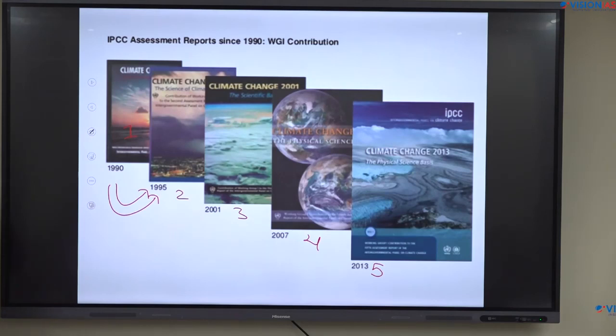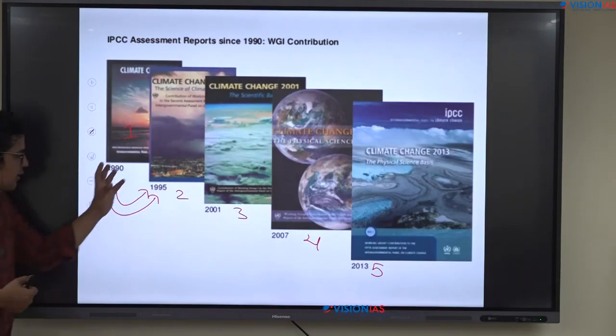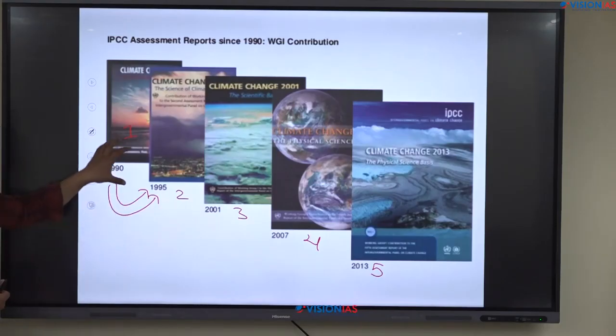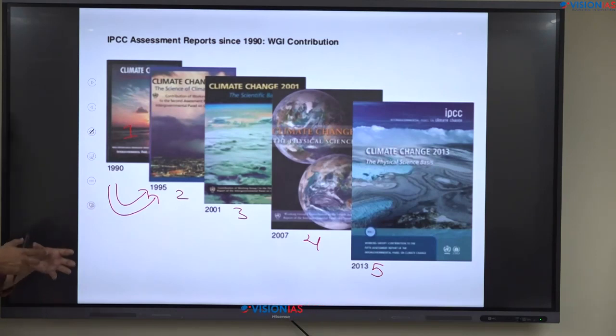If you look at all the leading scientists of the world in the field of climate change, those scientists work for them, either directly or indirectly. So they have got the best human resources of the world, best brains of the world in the field of climate change. That is why they are that accurate. And when they conduct their research, their report is not published in a single go. They conduct their research, they come to the outcome, and then they revise it.